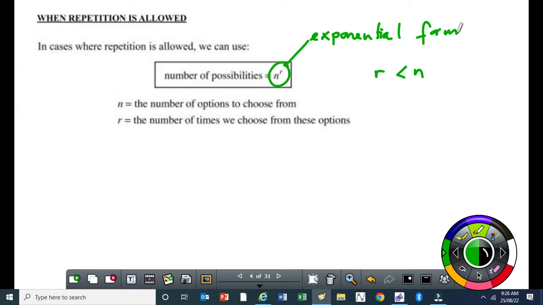I'm going to do an example just now. When repetition is not allowed, we use what's called the factorial form. I'm going to show you how to do that as well by the end of the lesson. So, we have repetition there, which is allowed. Therefore, we use the exponential form.